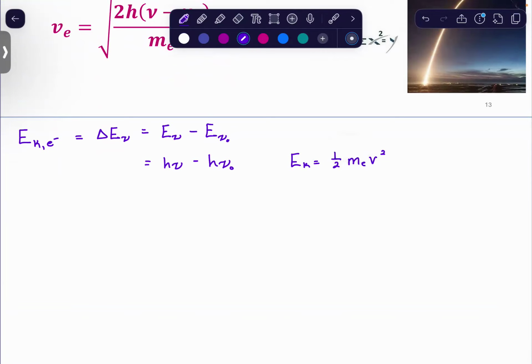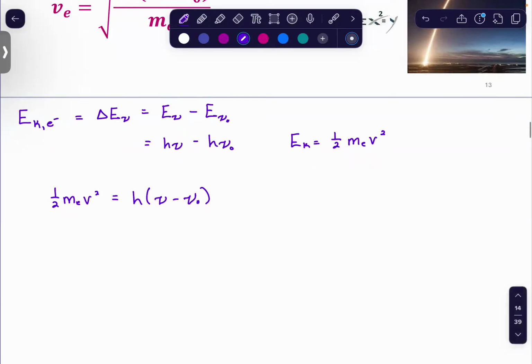Okay, so if your kinetic energy equals this energy difference for photons at these various frequencies, we can say, well, that means we have 1/2 mass of an electron v squared is going to equal, I'm going to factor out Planck's constant, h times nu minus nu sub zero. And now I'm just going to solve for v, the velocity of that electron.